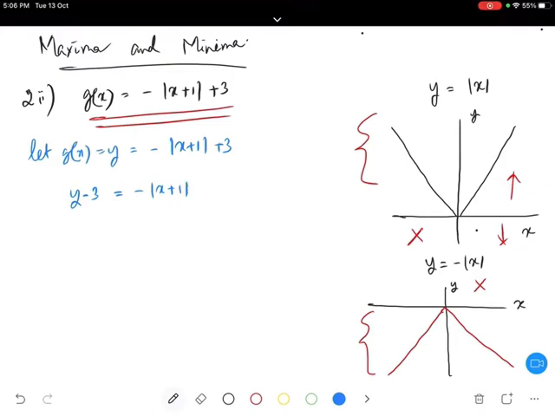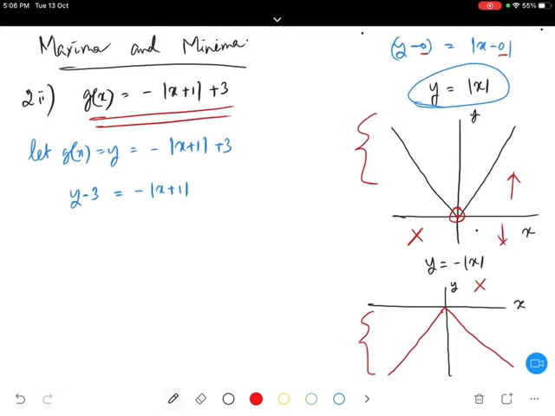Okay, now I told you how I will write any equation. If I have y is equal to mod x, I will write that in this form: y minus 0 is equal to mod (x minus 0). The benefit of writing the equation in this form is that I can easily determine the origination point of the modulus function, that is 0 comma 0, the point at which the function originates.